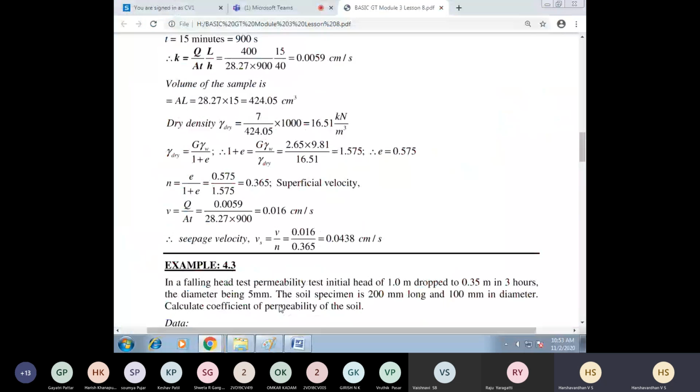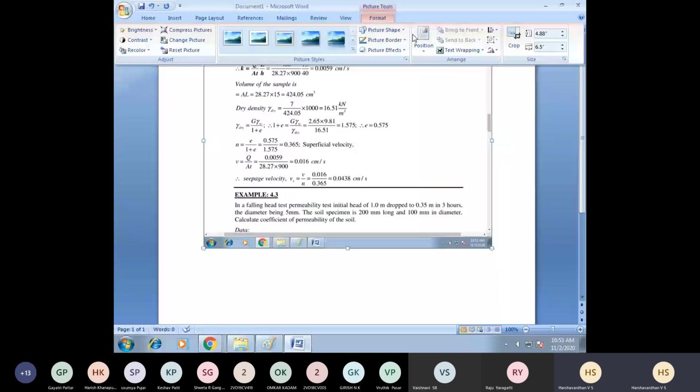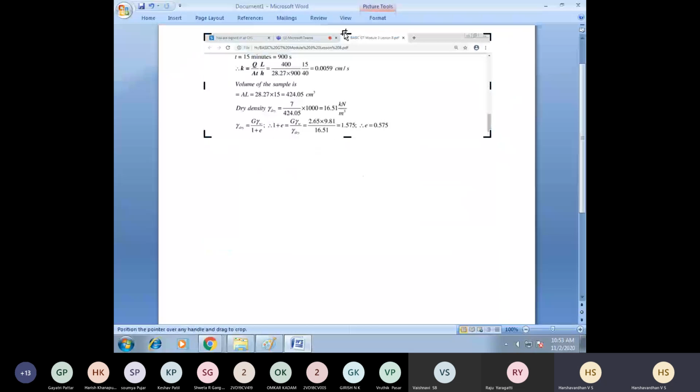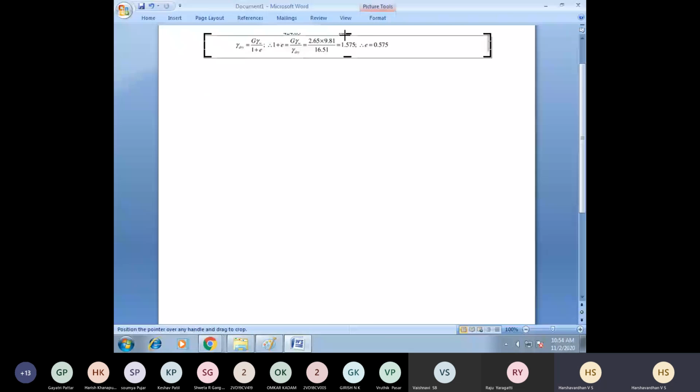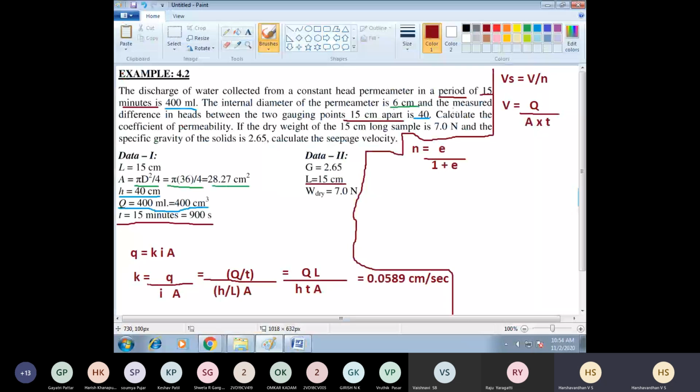We can use this formula. Okay, to calculate e, you can use this formula.